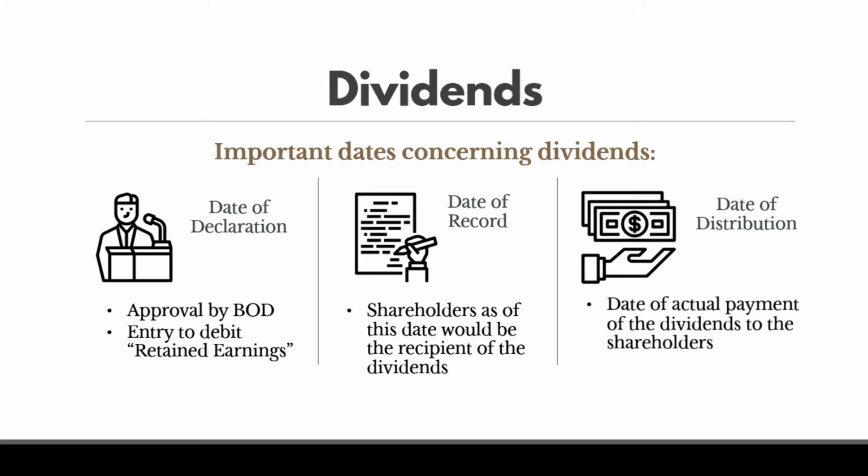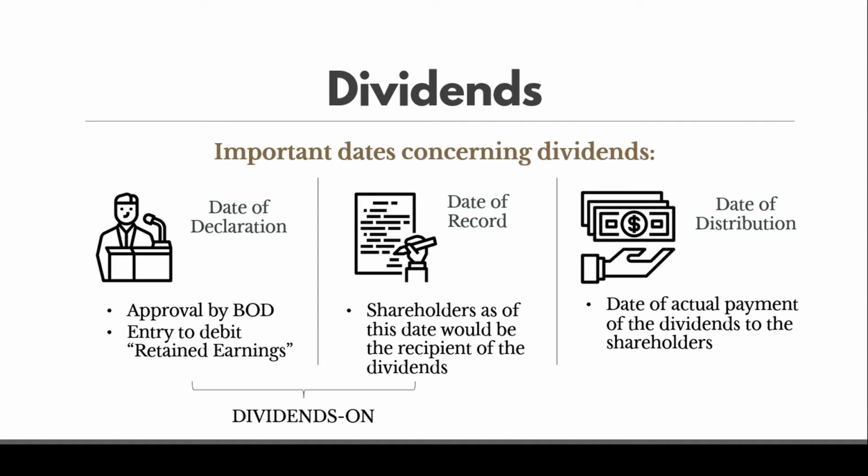Then, lastly, we have the date of distribution, which is the date of actual payment of the dividends to the shareholders. Now, from the date of declaration to the date of record, the shares would sell dividends on. Ibig sabihin, yung value po ng share magiging yung market price niya plus yung amount ng dividend.